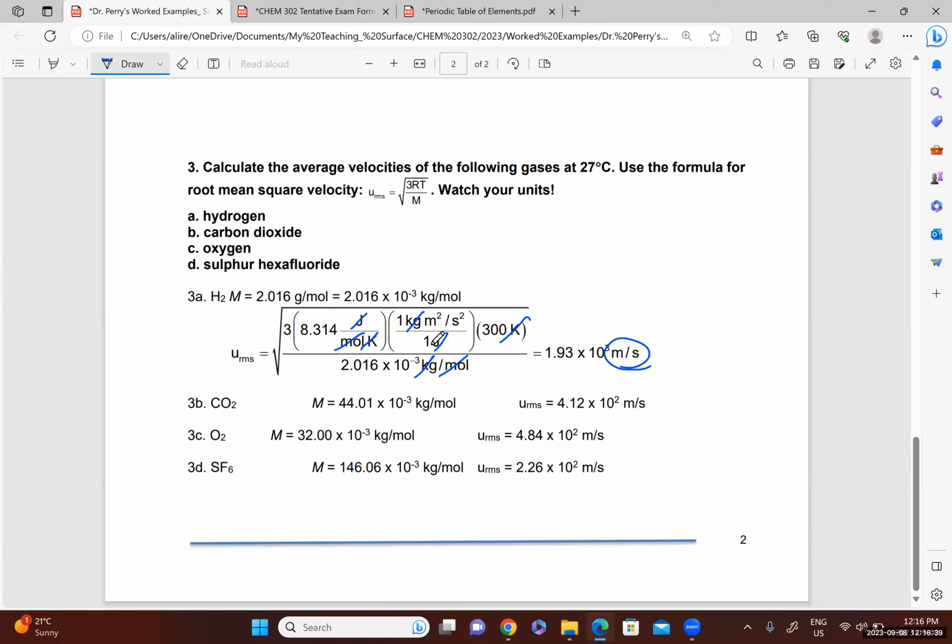So what you're left with is meters squared over second squared. It is required to do these conversions inside the square root, and at the very end, we get this unit inside the square root. If you take the square root of that unit, it gives you meters per second.